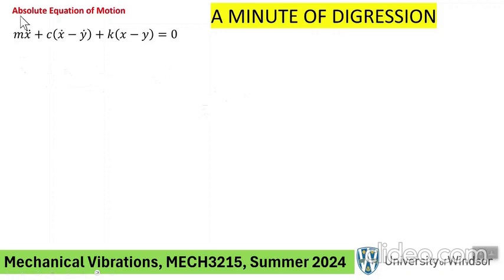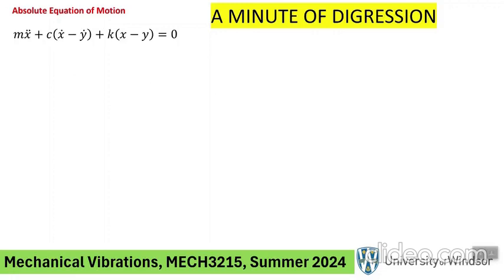This is called the absolute equation of motion because x is measured from a fixed inertial reference point. It can be the equilibrium position, or it can be some other reference point, such as the ground. It's called absolute because when you write Newton's second law, the acceleration term must be the absolute acceleration, or acceleration measured in an inertial frame of reference.